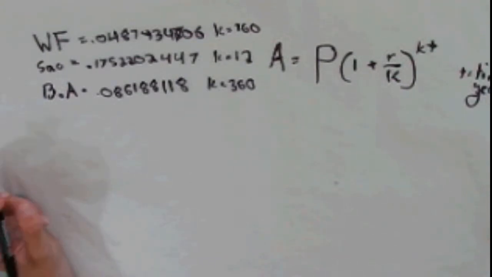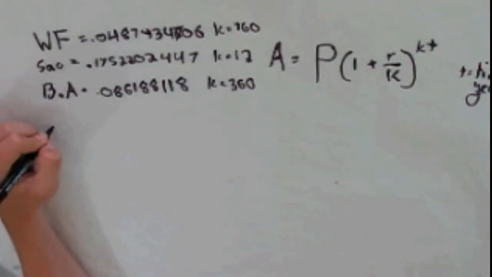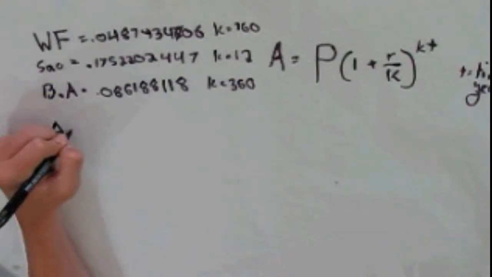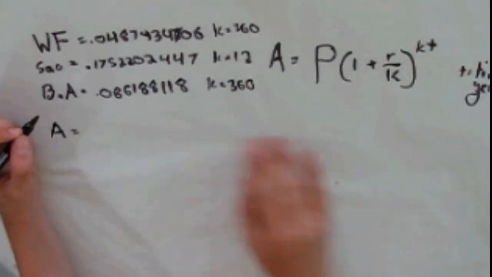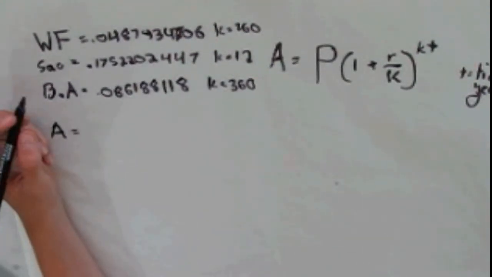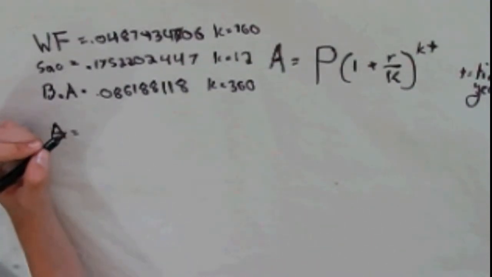So first, let's start with Wells Fargo. At Wells Fargo, A equals, and we're just going to substitute in all the values, and you can enter them into your calculator and get the right final answer.